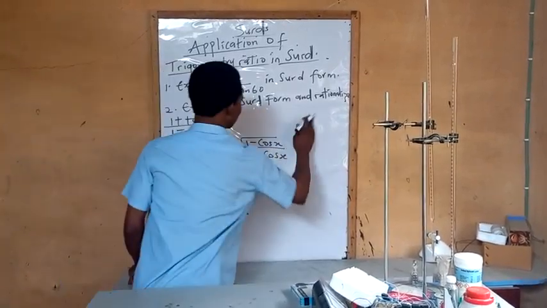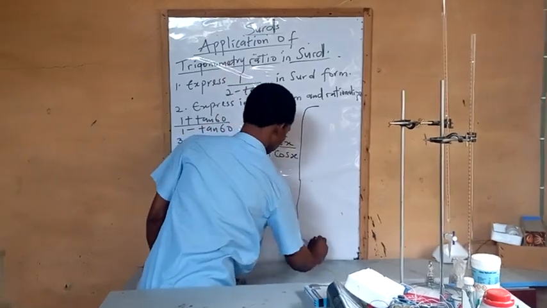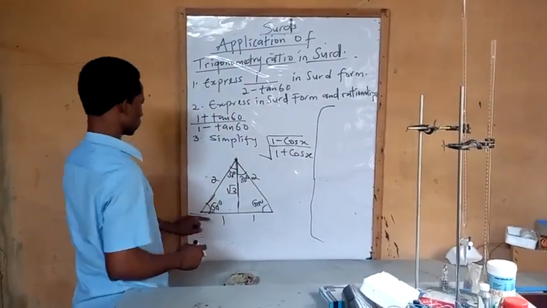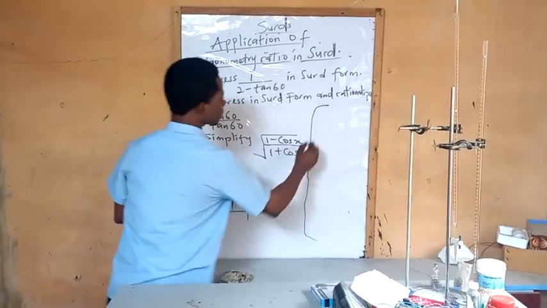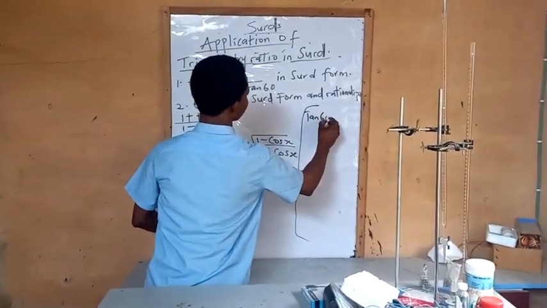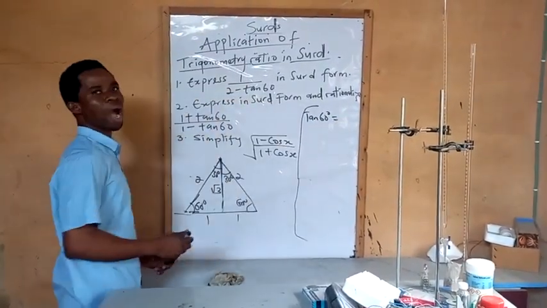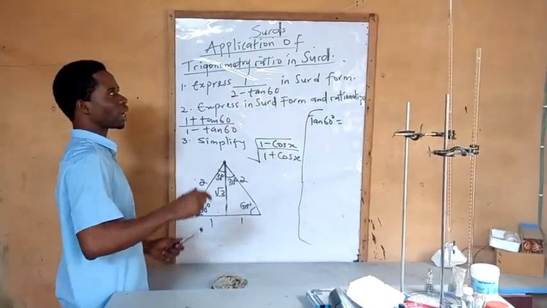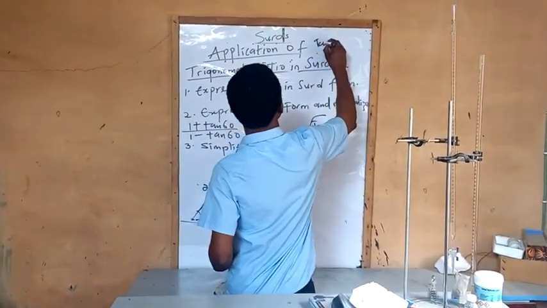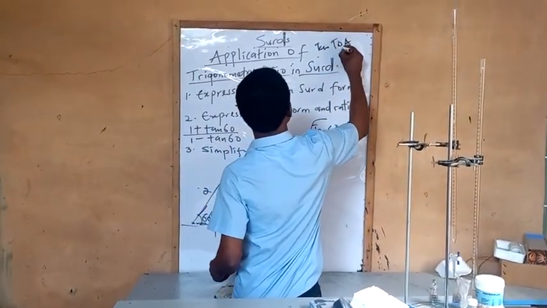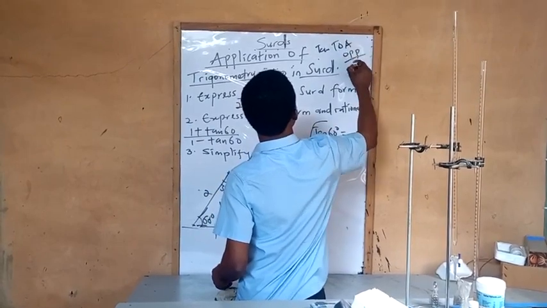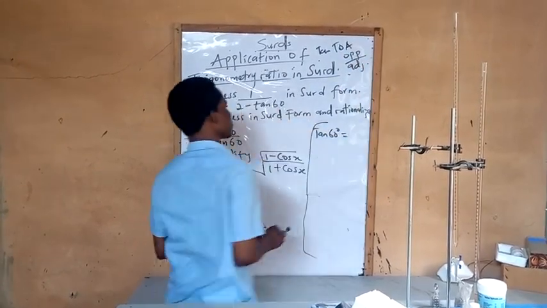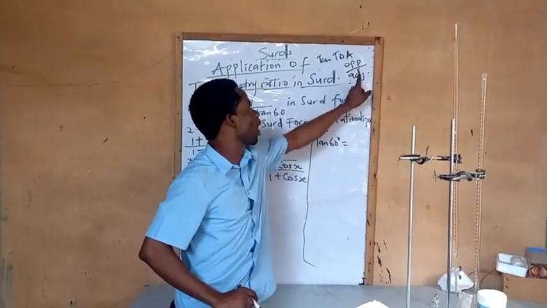Now that means if I want to take tan 60 now. Tan 60, you know, tan is opposite over adjacent.